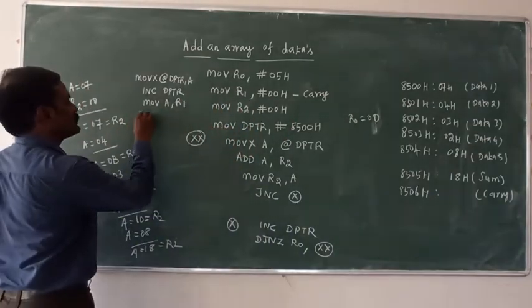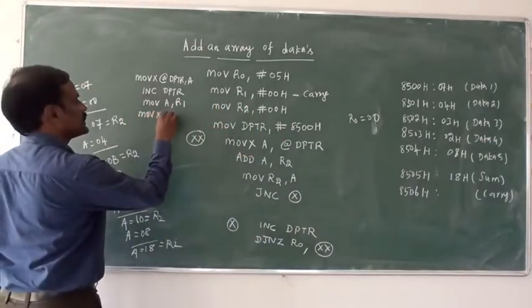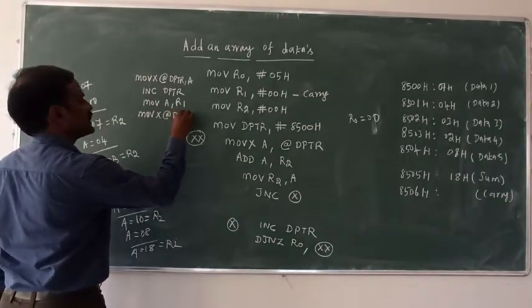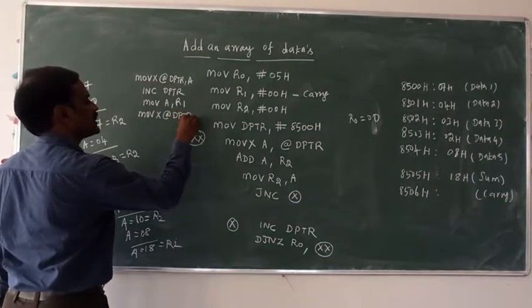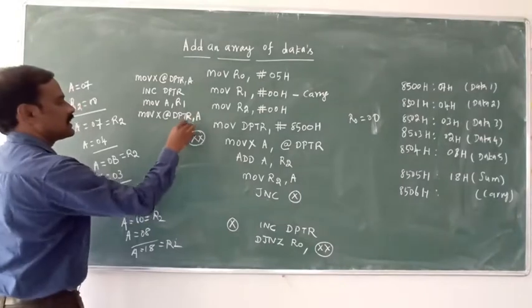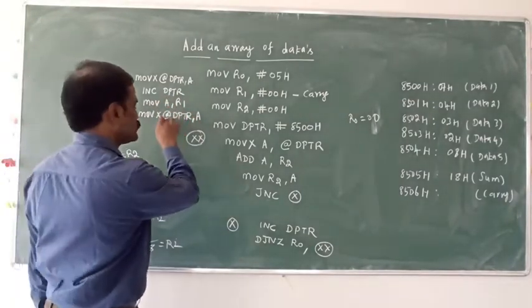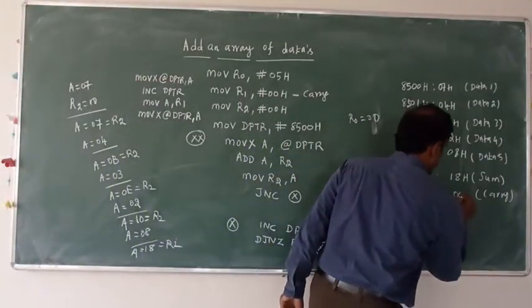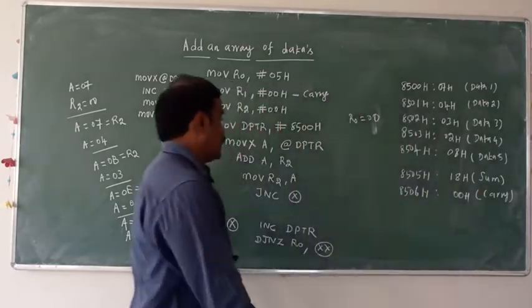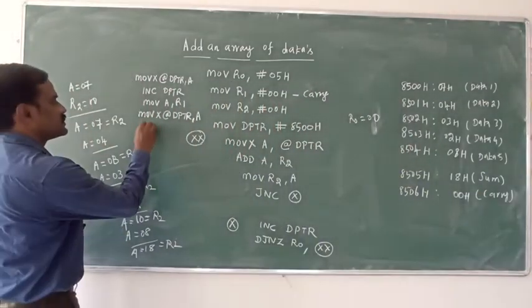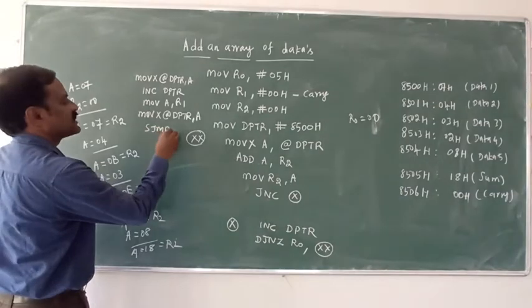For that we can use MOVX @DPTR, A. Now the carry 0 is moved to this memory address location. After that, short jump means end of the program.